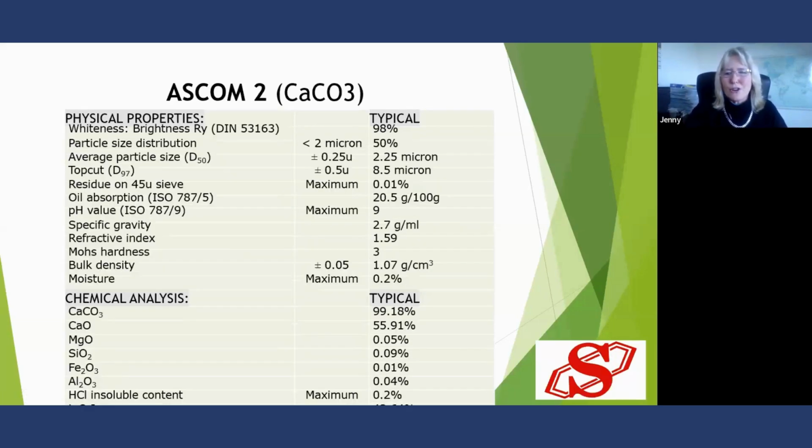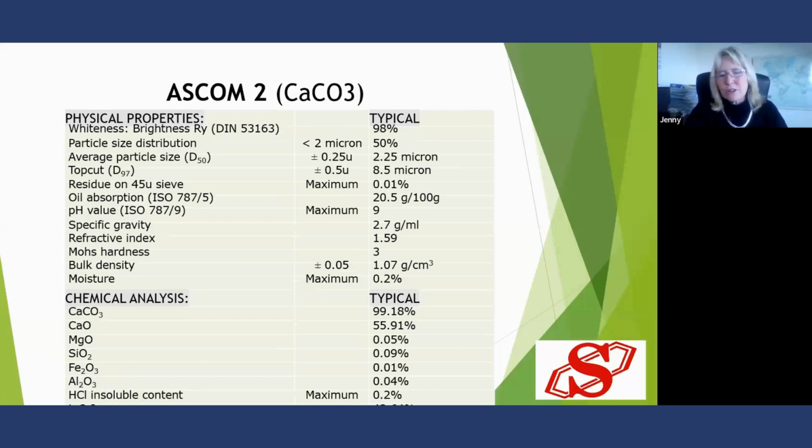Now, here's another example. This is one of the calcium carbonates from Egypt, from ASCOM 2. And the whiteness in the top line, they call it whiteness RY. So they are using the RY wavelength from the spectrophotometer.